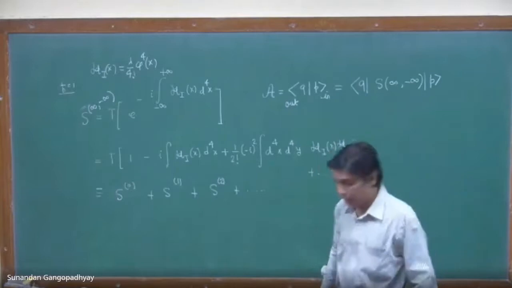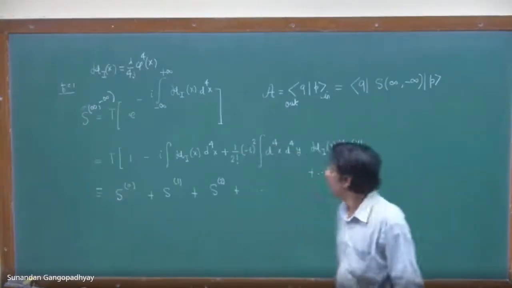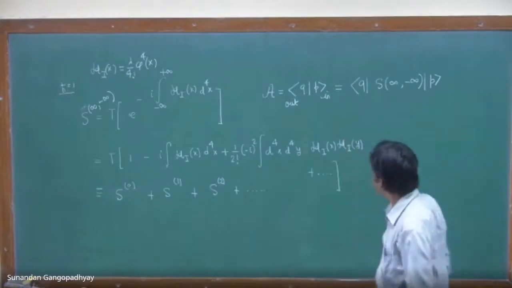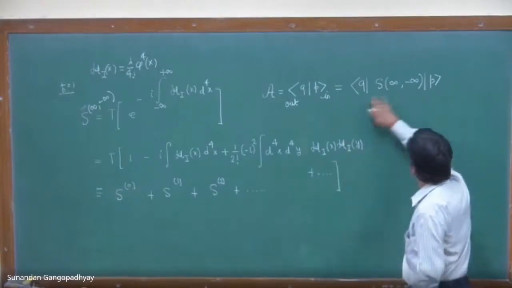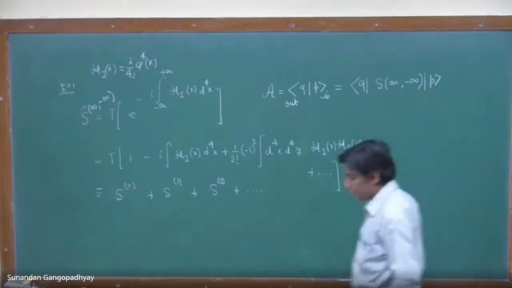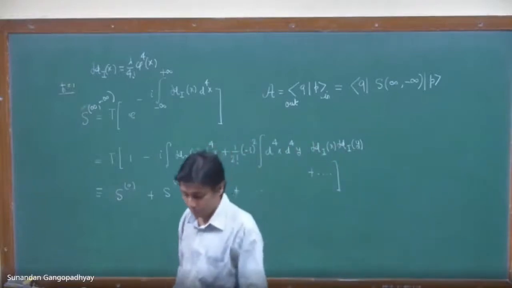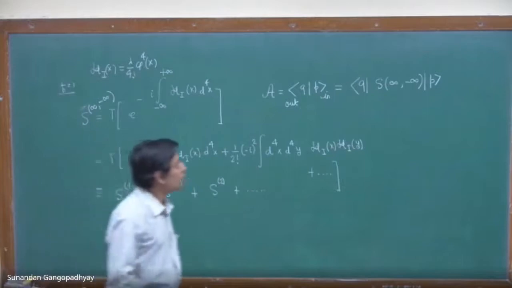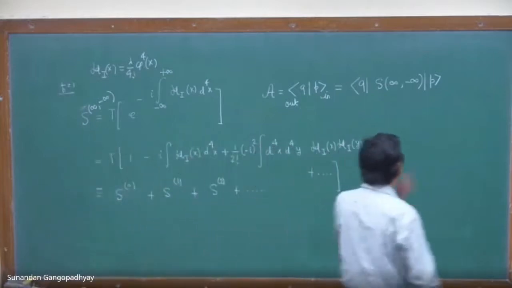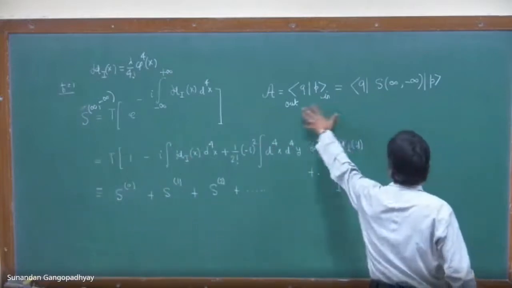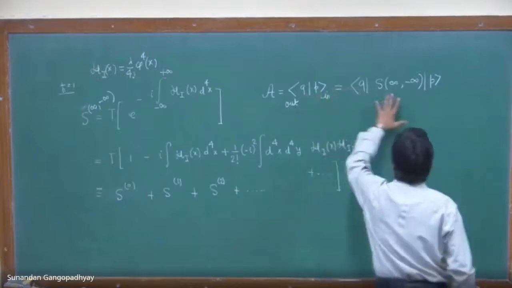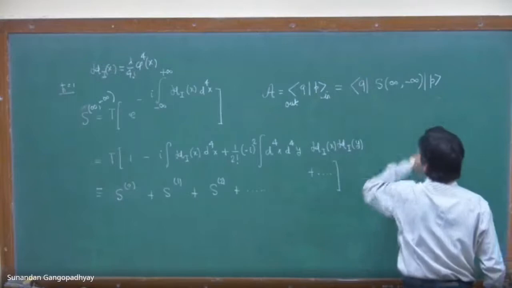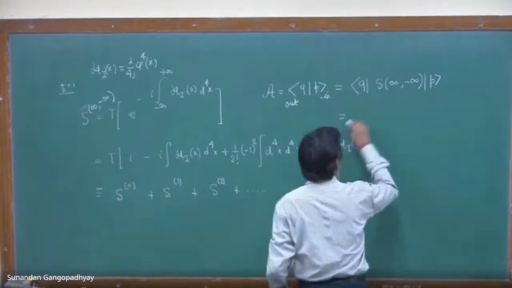The in and out states are eigenstates of the full Hamiltonian, and they are time independent eigenstates. These p and q are basically eigenstates of only the free part of the Hamiltonian, and they are related in the following way. You know the form of this operator.